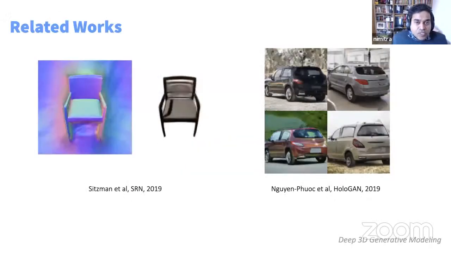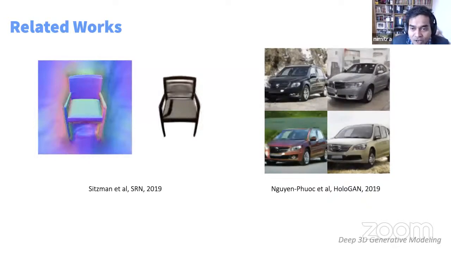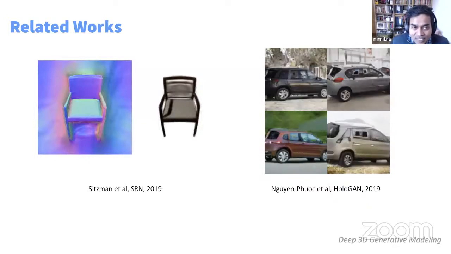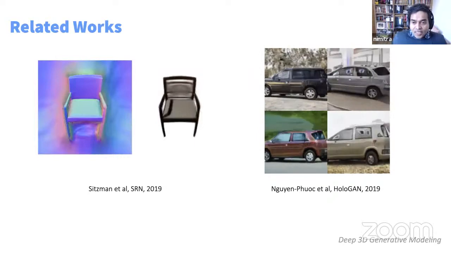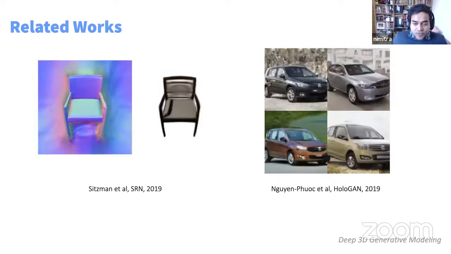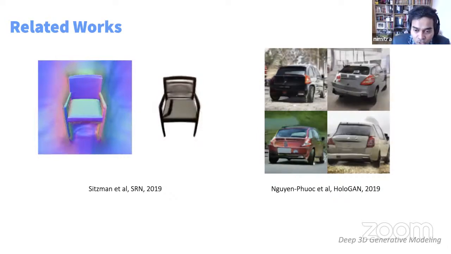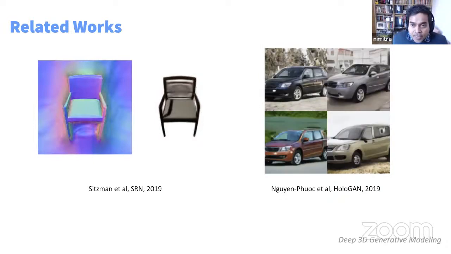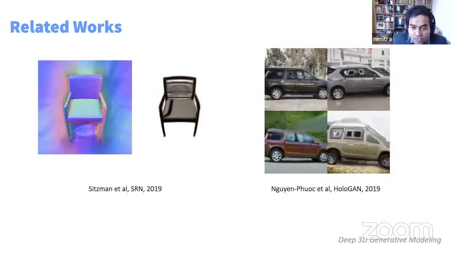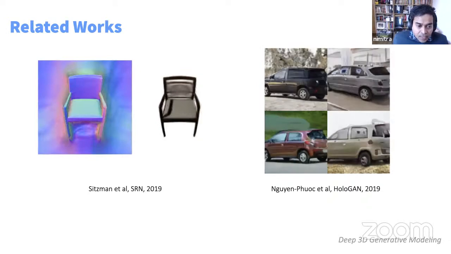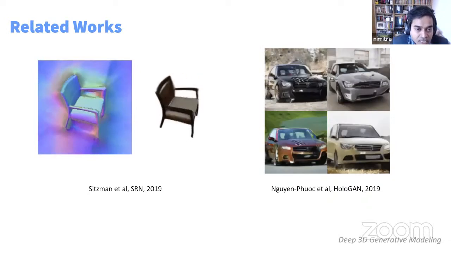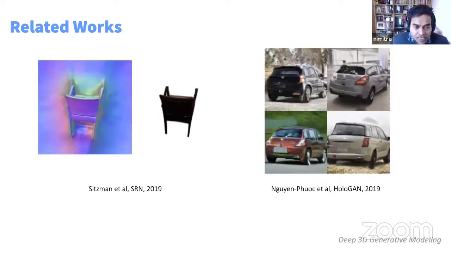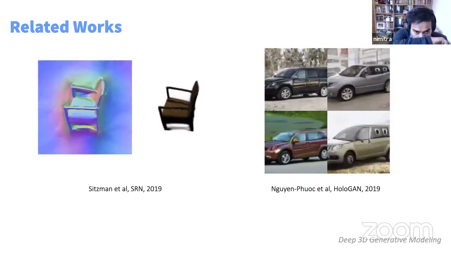Let's look at some of the motivating literature that I think is one of the most exciting types of research going on in this overlap between graphics and vision and machine learning now. This is the HoloGAN paper that was presented last year at ICCV, and this scene representation network, which was also presented last year at NeurIPS.